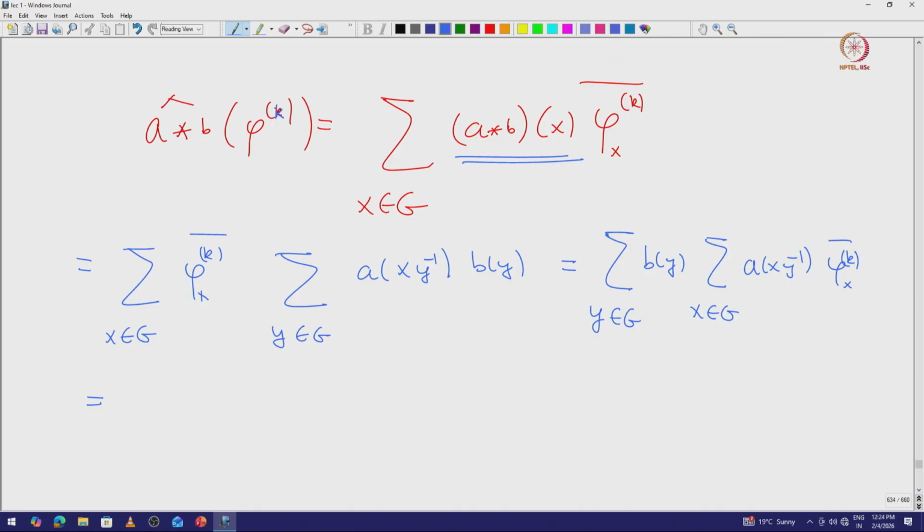So what we do, we just do the change of variable. We write z equal to x y inverse, so that means x equal to z y.